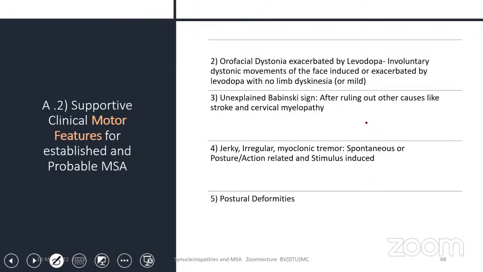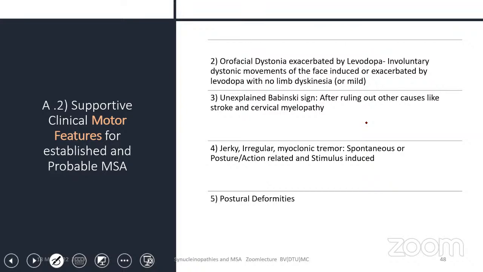So levodopa induces dyskinesias in limbs. That's okay. But if it is characteristically causing orofacial dystonic movements of the face, and they can be induced or exacerbated by levodopa with no limb dyskinesia, then it is a feature that can make you suspect that there is underlying MSA.